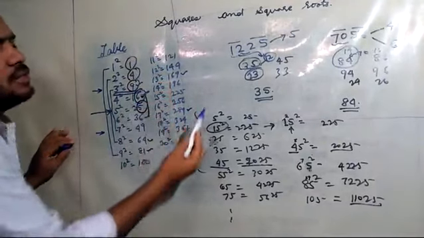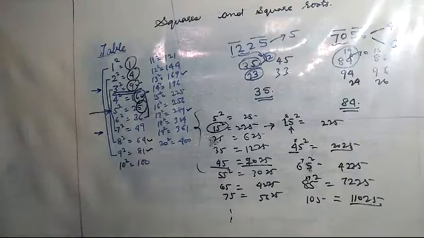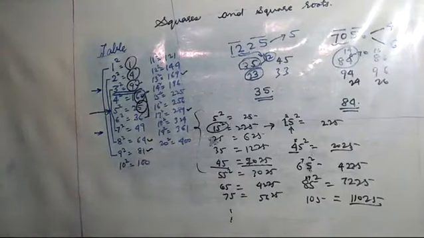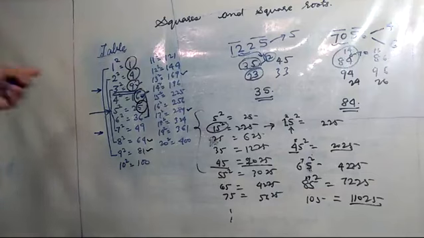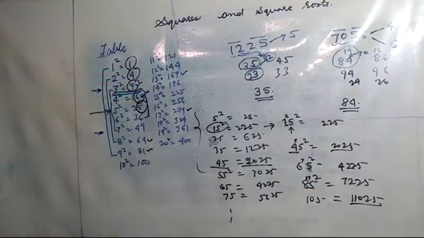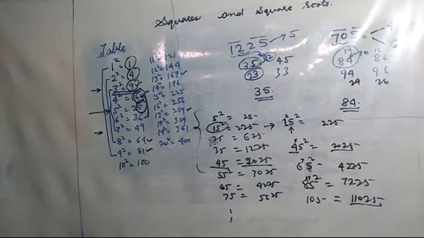If it is, then there are maximum chances that it will be a perfect square. Generally in examinations they give perfect squares only to find the square root. So you have to see whether the unit place is 1, 4, 9, 6, 5. If it is like that, then definitely you will be able to use this method and find the square root of that particular number.